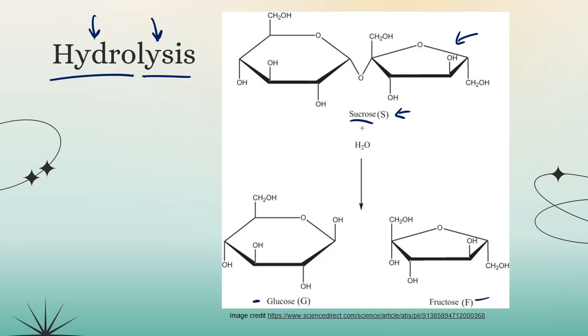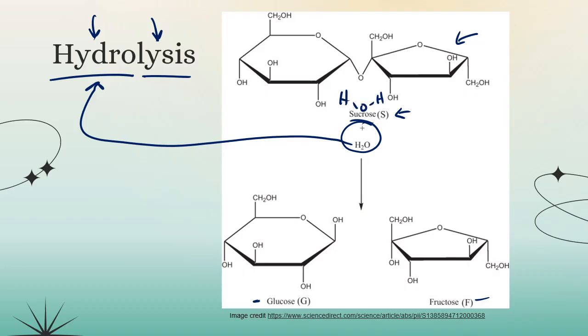If I want to split that sucrose down into glucose and fructose pieces, I'm going to add the water. That's the hydro part of hydrolysis. Just like in our catabolism example in the previous page, we're going to think about that H and an O and an H. We're going to chunk one of the H's off of the water, and it's going to stick to that O right there.